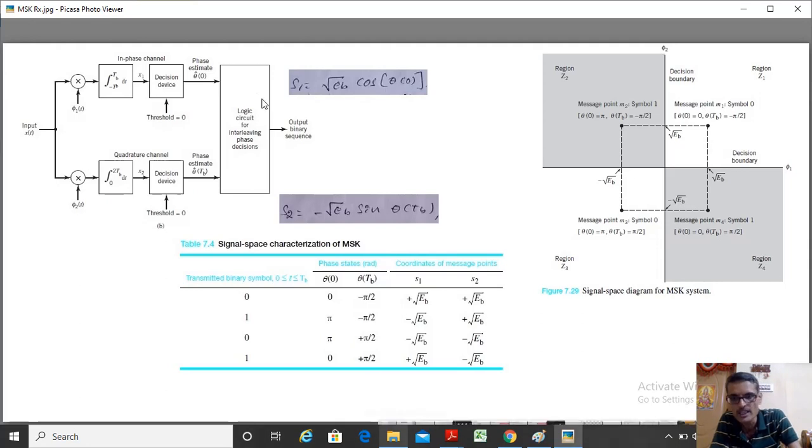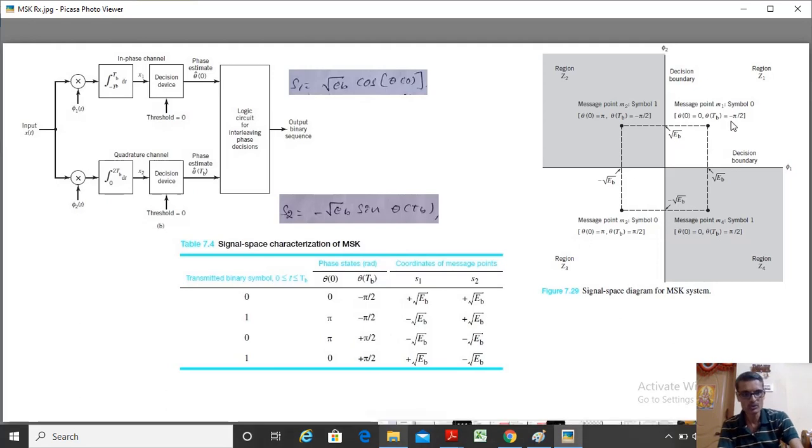So by using this particular logic circuit, based on the values here: if this is 0 and this is pi by 2, I can say the symbol is equal to 1. If this is 0 and minus pi by 2, it is symbol 0. If this is pi and minus pi by 2, we make an estimation in favor of symbol 1.